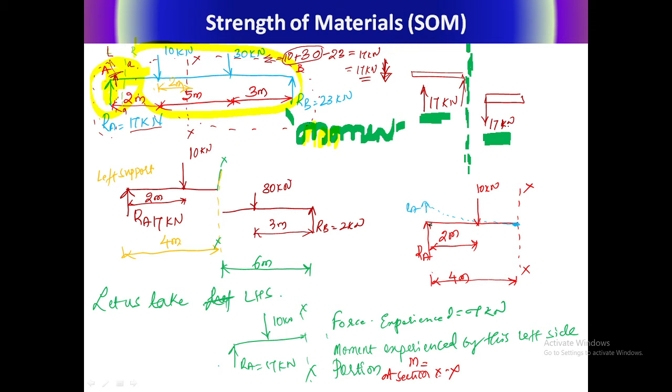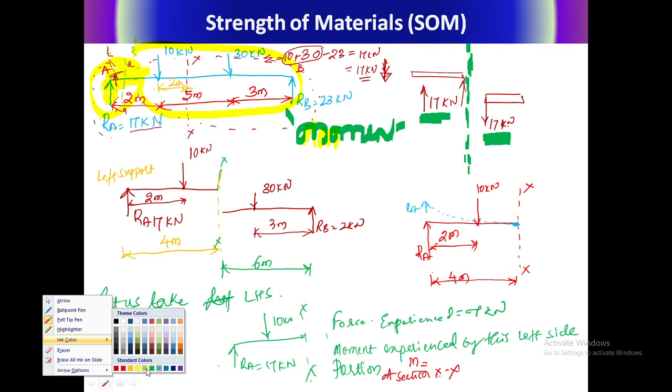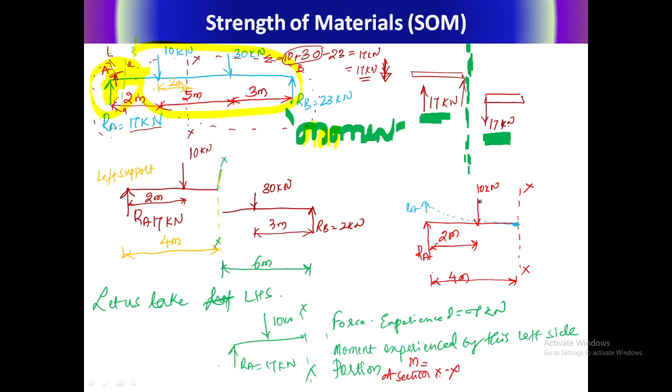Yes, sir. Now what is the effect of the 10 kilonewton? This 10 kilonewton tries to push the beam in a downward direction. Do you agree? Yes, sir. Now the movement is to be calculated about the section here. Let us take this point as small BB.